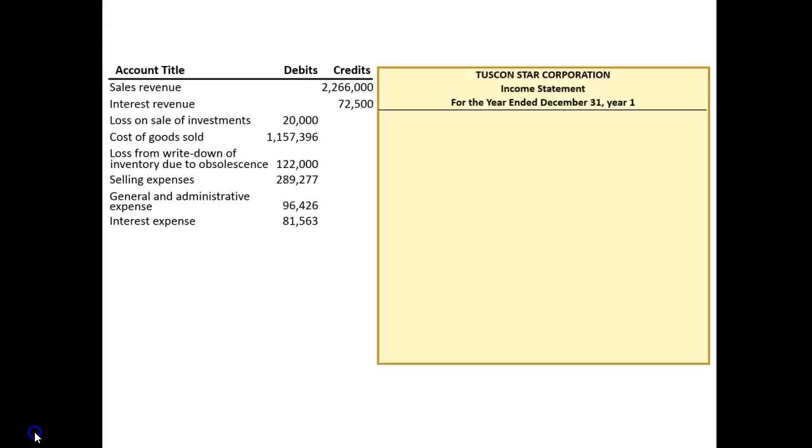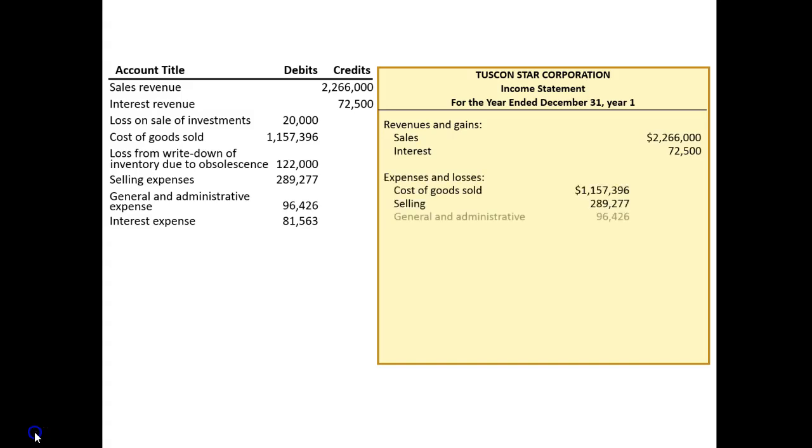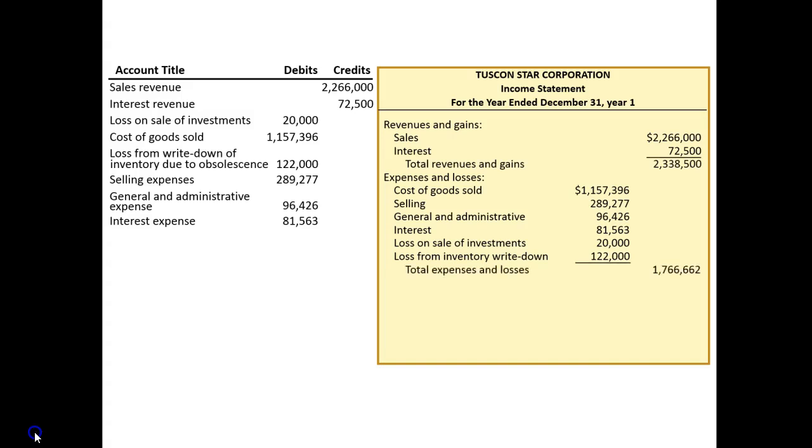So in a single step income statement, what we will do is take our revenues and gains and combine them. Then from there, our various expenses. As you see here, we will have to come up with all of our various expenses before we come up with our income before income taxes.